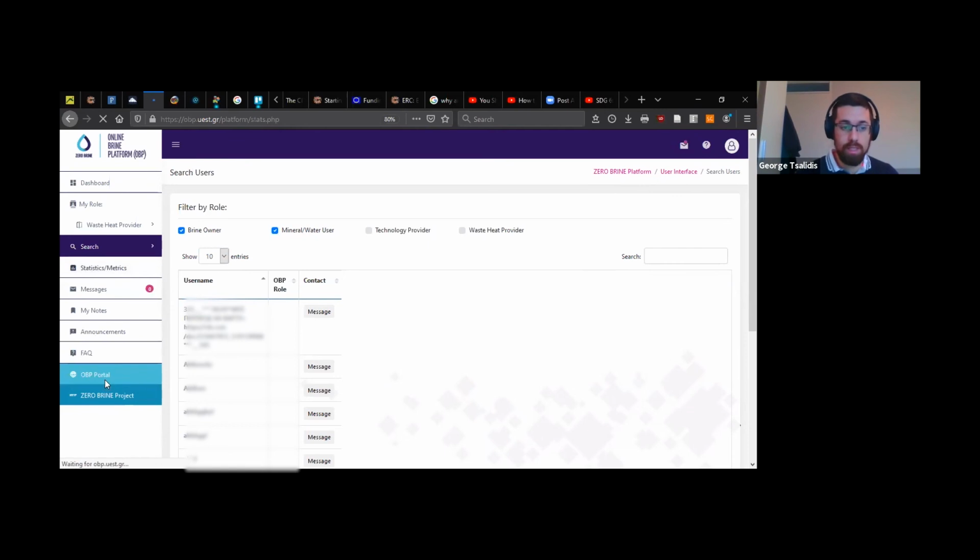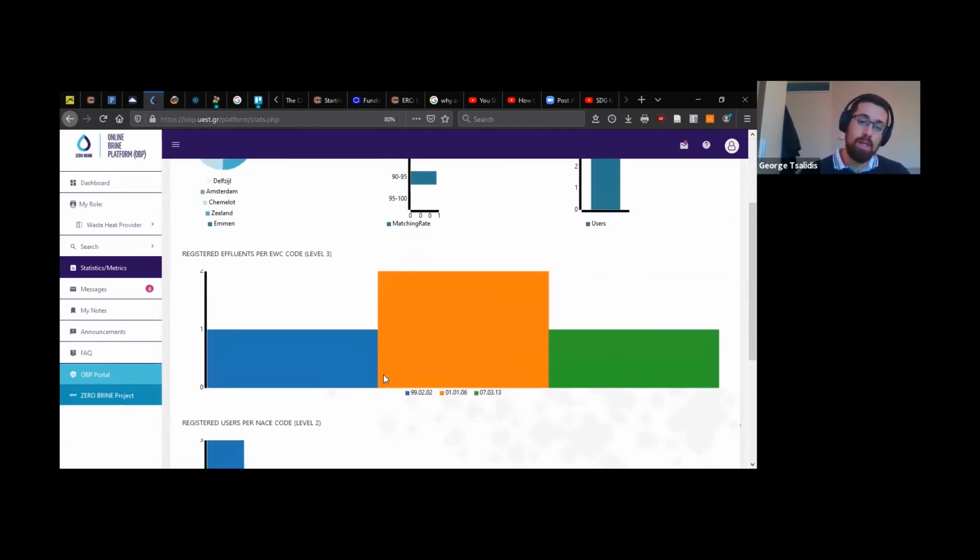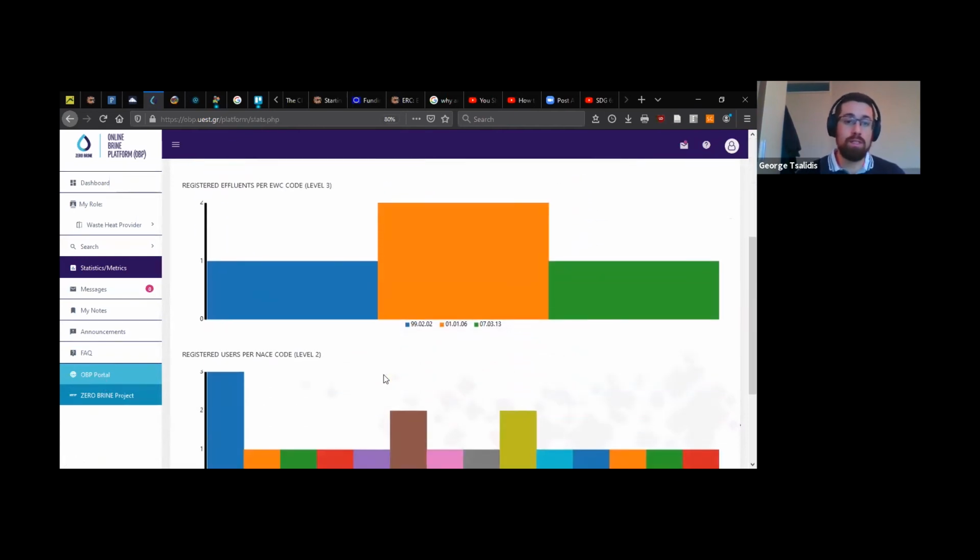If I go to the statistics, I see based on the registrations how many of them come from the different Dutch industrial clusters, how many matches exist and what is the matching rate, and how many are the matched users. Other statistics regard the waste catalog.